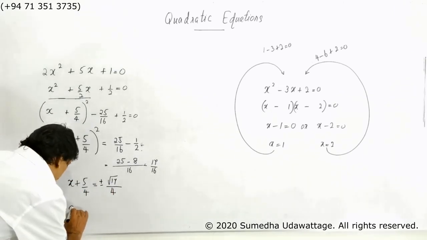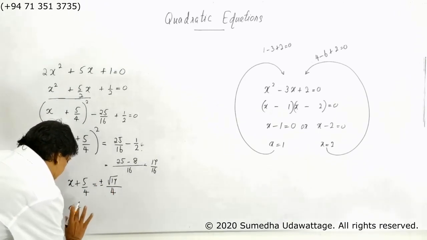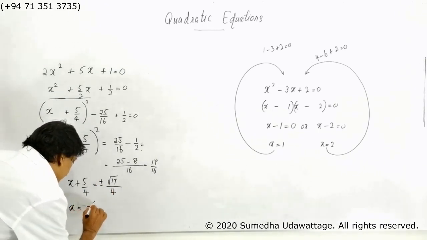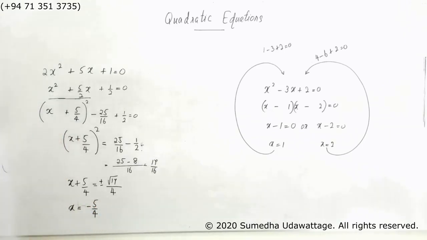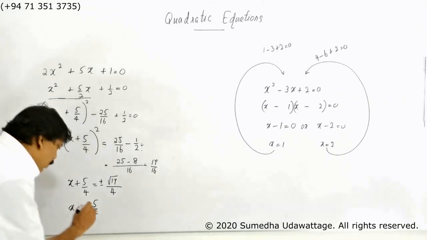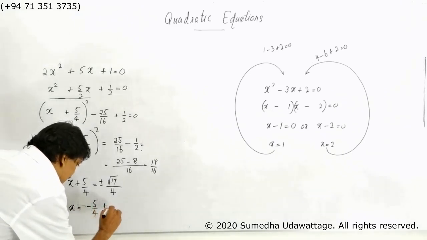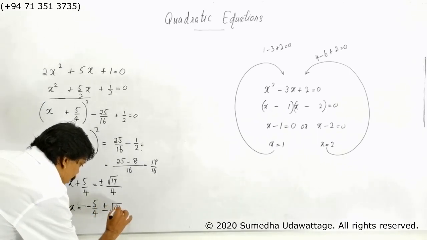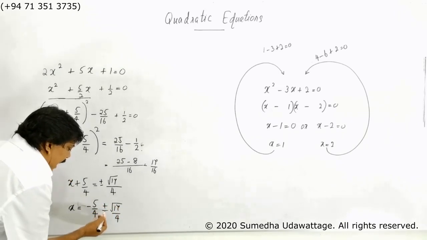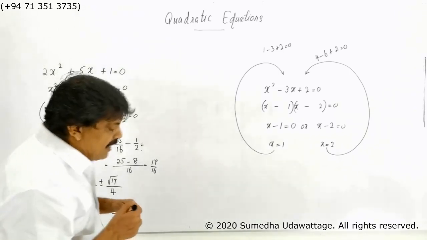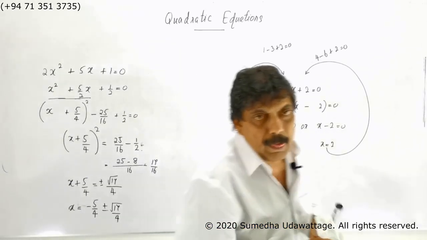Then the roots would be x is equal to minus 5/4 plus or minus root 17/4. From plus you get one root and from minus you get another root. You get two roots.